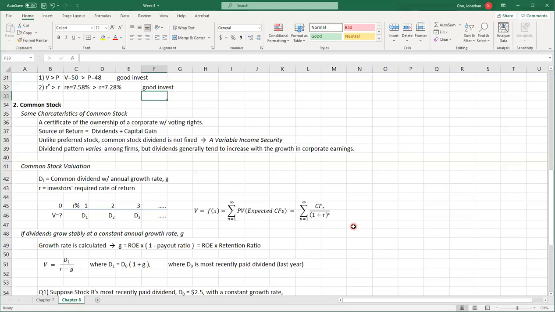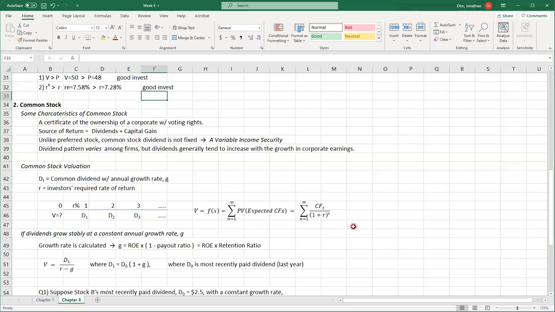Dividend patterns vary among firms, but dividends generally tend to increase with growth in corporate earnings. As I said, the common dividend is not fixed. It changes.